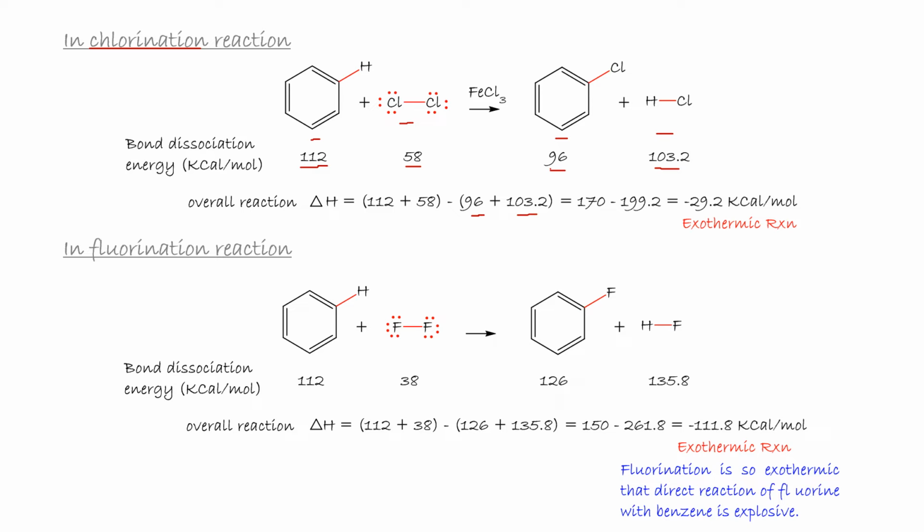The total difference in enthalpy will be minus 29.2, exothermic again, but with higher energy. So we are going from bromine up to chlorine, and chlorine gives a much more exothermic reaction.